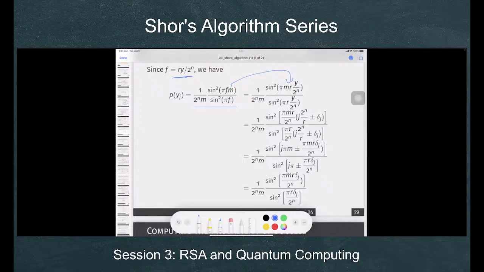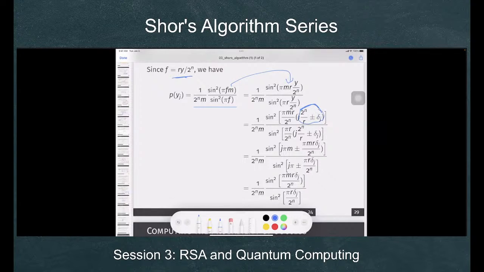And now we plug in the value of y, which is this one here. This is the one that we want to compute the probability of occurring.